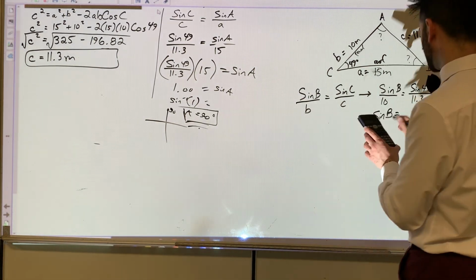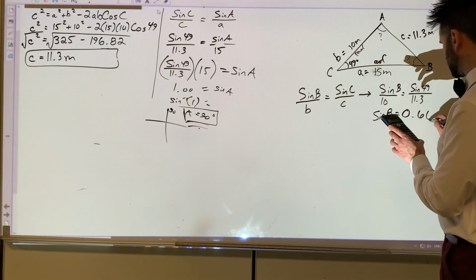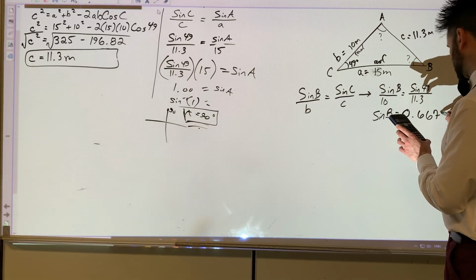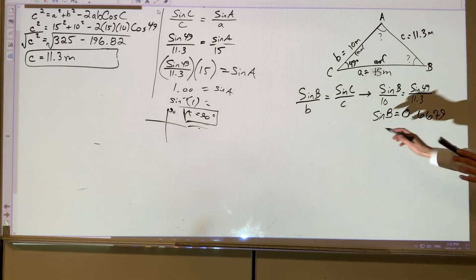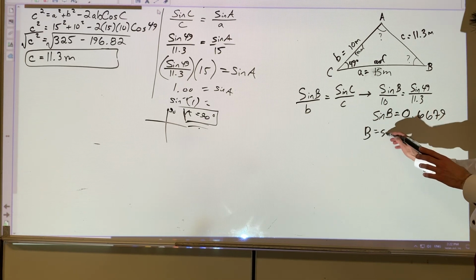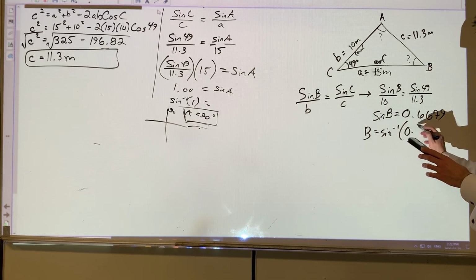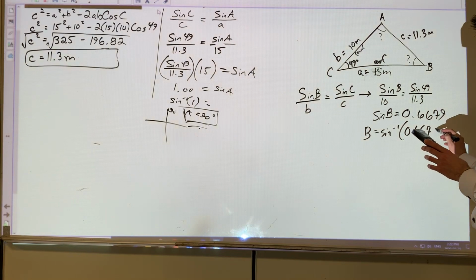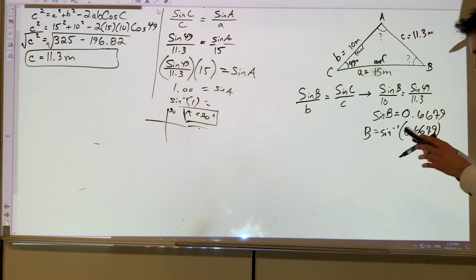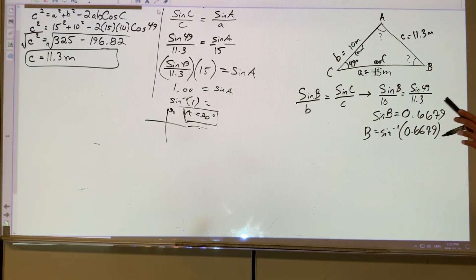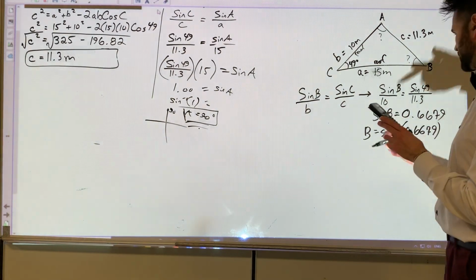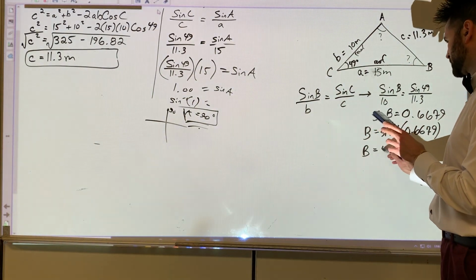So when I do all that, I got that this is 0.6679. Right? So we'll go inverse sine of 0.6679. And when you do that, you get 41.9.